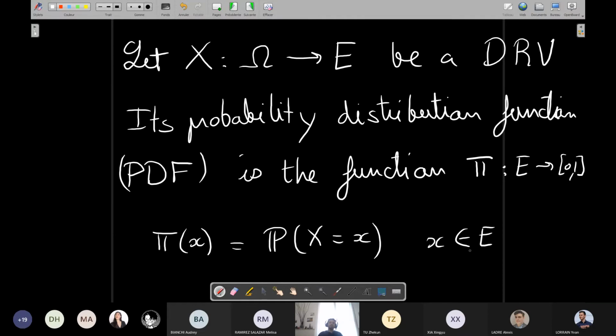You have a random variable, and you can define this function, which is the probability that this random variable takes a particular value. So this is a definition. Of course, an example is necessary to understand this.